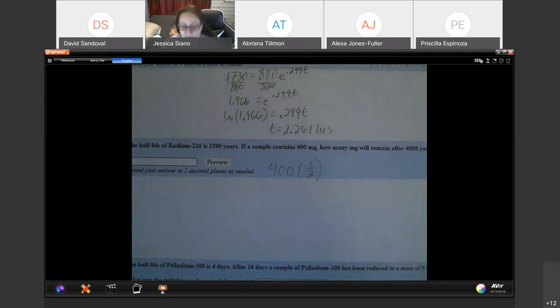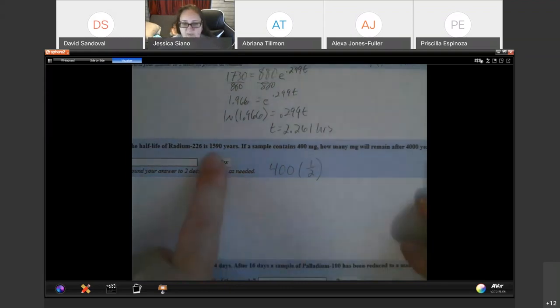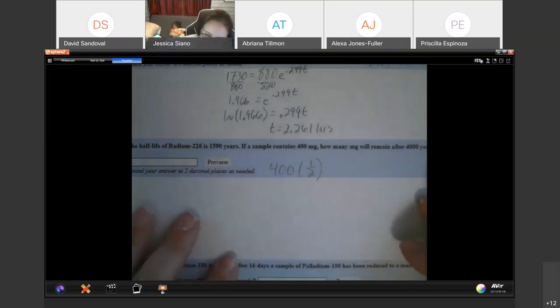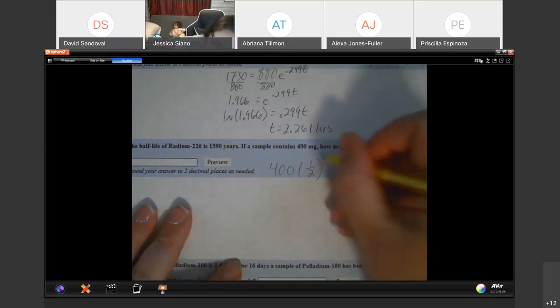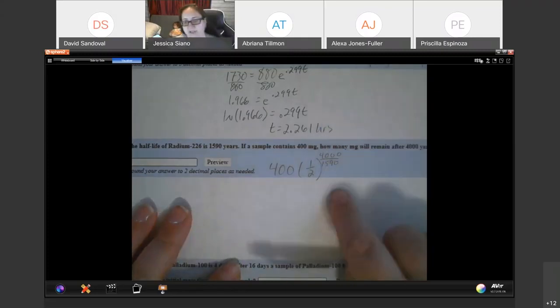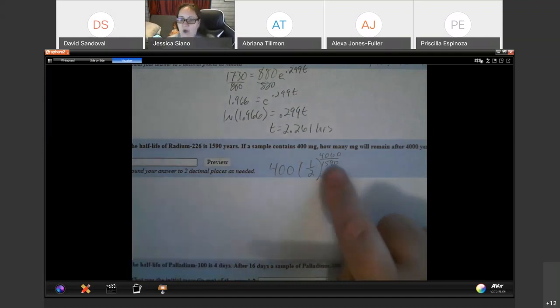Just like before when we doubled, my base was 2. This is a half-life, so my base is a half. And then 1 half-life is 1,590 years. So remember before how I had to do 110 over 15? Here I have to do the 4,000 years over 1,590 years, because that will tell me how many half-lives we've gone through.